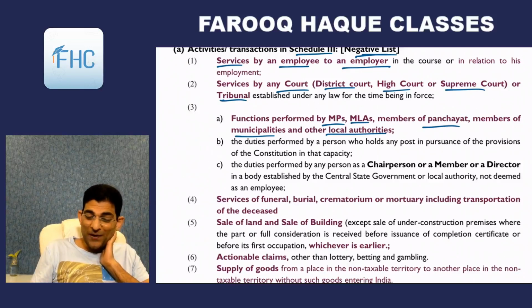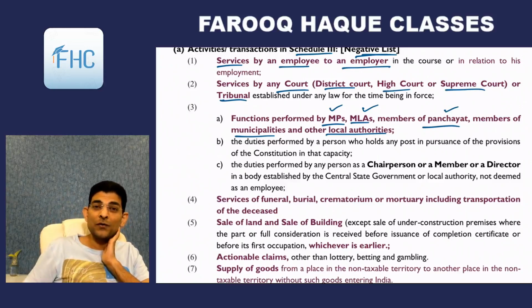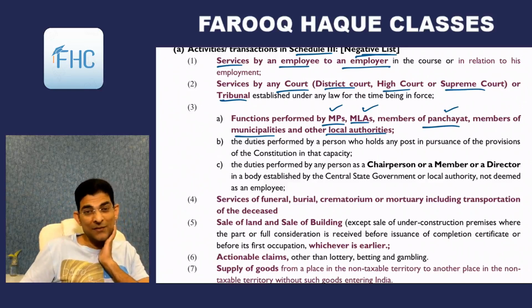Then duties performed by a person. So basically what it means is that whatever amount the MPs and MLAs receive, or the panchayat members or other municipal members or local authorities, whatever amount they receive for the work that they do will not be liable to GST.